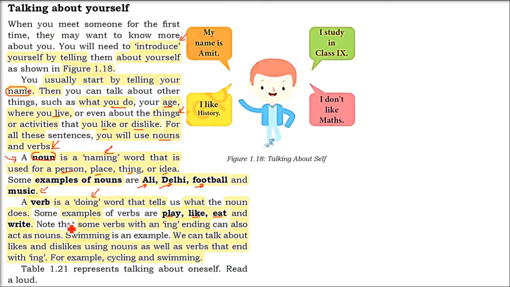Please note that some verbs ending with ing can also act as nouns, for example, swimming. We can talk about your likes and dislikes using nouns, and also verbs that end in ing, like cycling, like swimming.